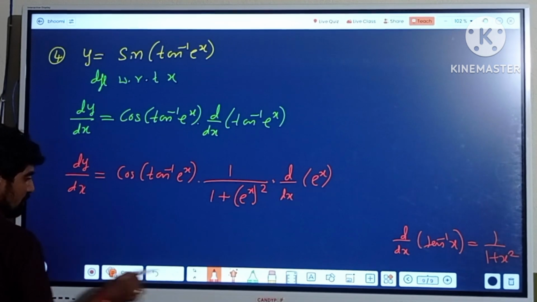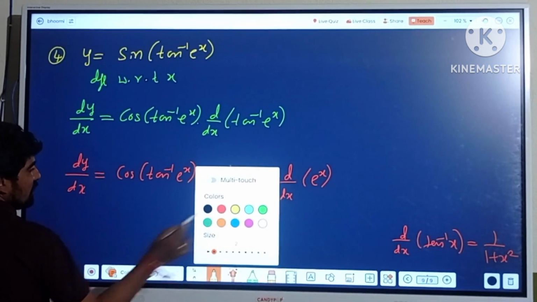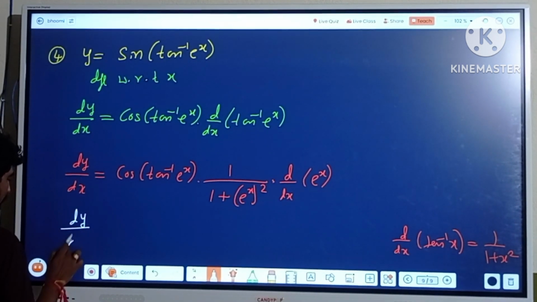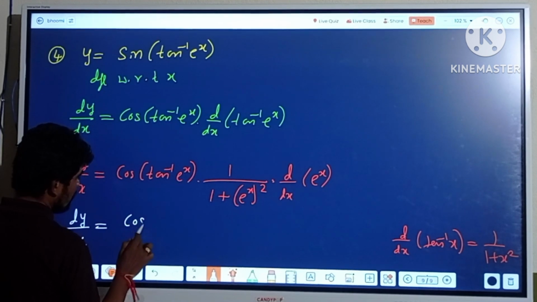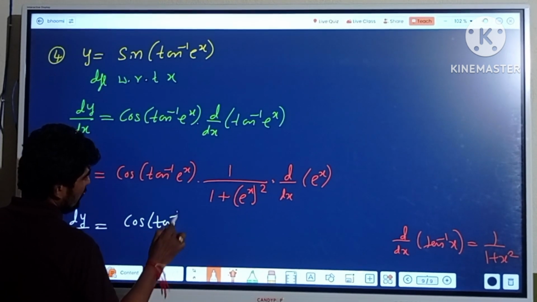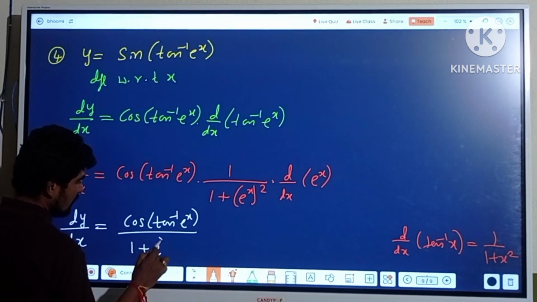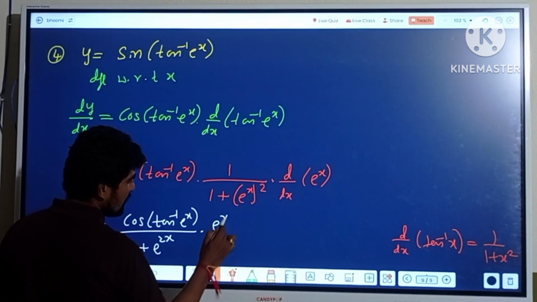So therefore dy by dx is equal to cos of tan inverse e power x divided by 1 plus e power 2x, into derivative of e power x, which is e power x.